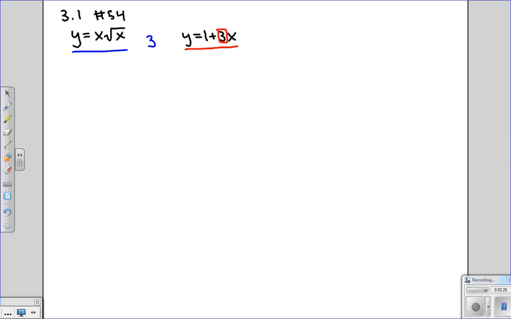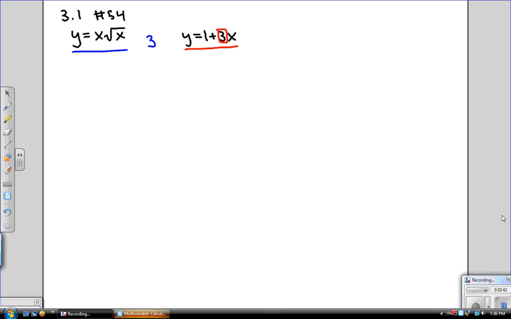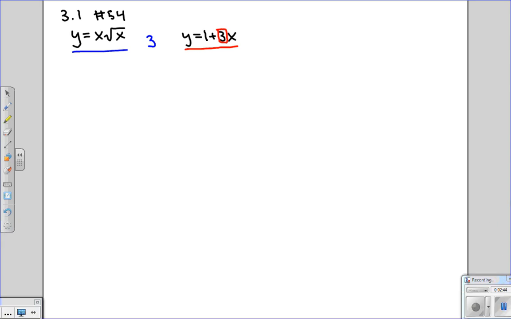So the first thing we do is dy, excuse me, it is dy dx, and we're going to rewrite y in a more manageable form.